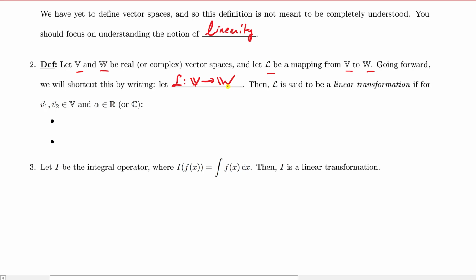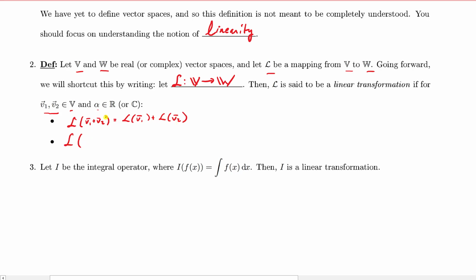Okay. Then L is said to be a linear transformation if for two objects in the first set and for a real number, or sometimes a complex number, we have L of V1 plus V2 is equal to L of V1 plus L of V2.